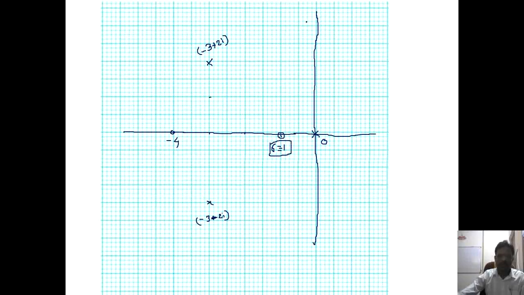No breakaway point, no intersection point. Then asymptotes are at, first asymptote is at 90, so theta 1 is 90 degree. Secondly, second asymptote is at 270. Okay, region is starting from infinity and ends on minus infinity. Now actual root locus part.